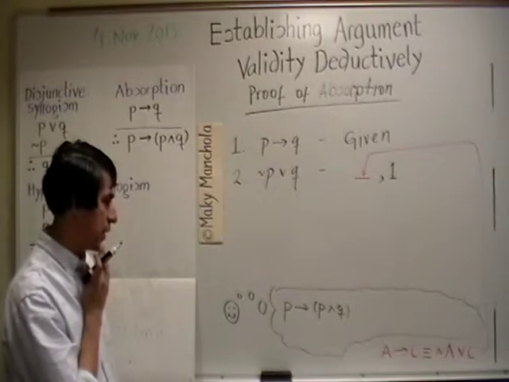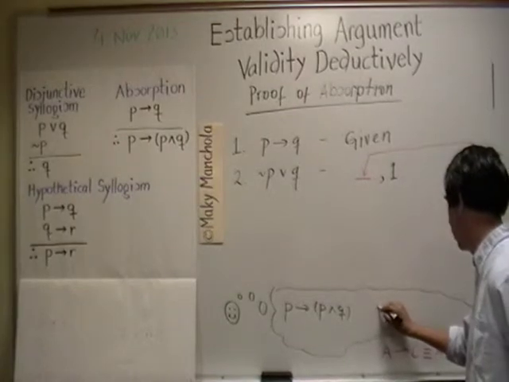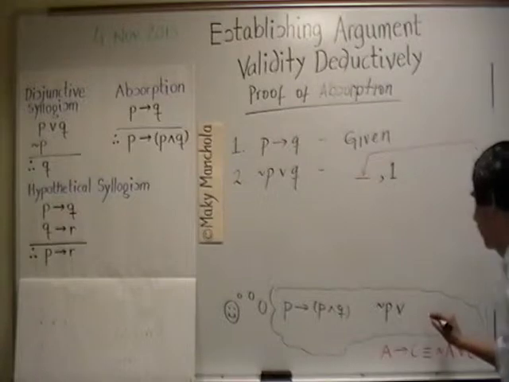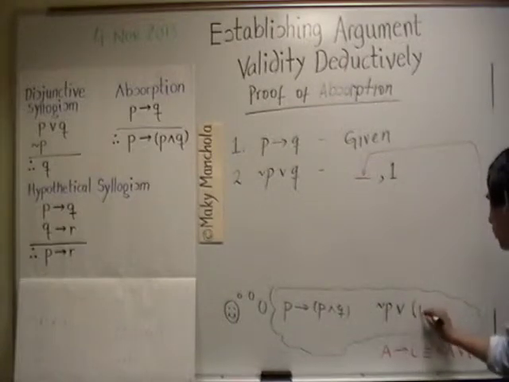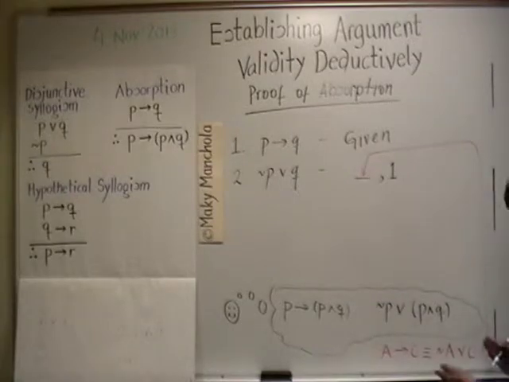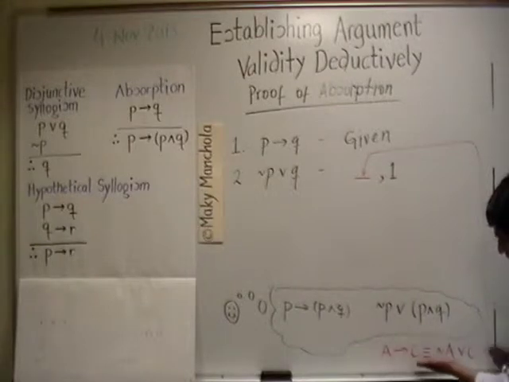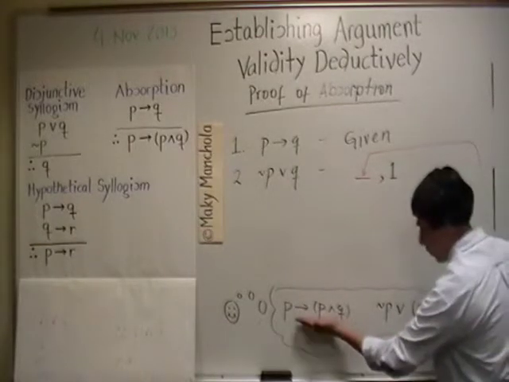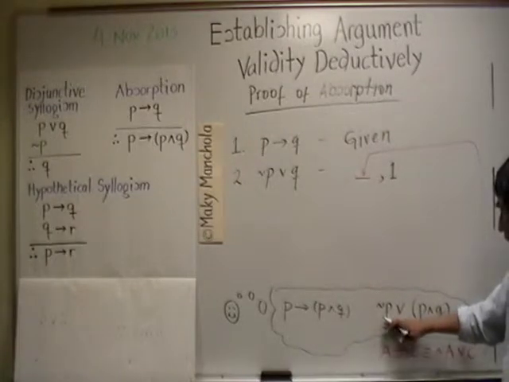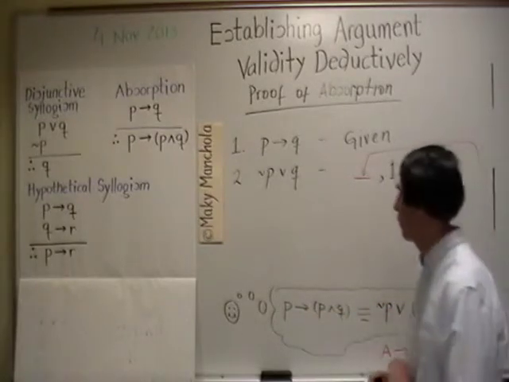Notice that it will suffice if we establish negation of P or P and Q. Why is that? Because of this identity that rewrites a conditional as a disjunction. This conditional is logically equivalent to that disjunction. So if we arrive at this conclusion, we have basically arrived at the one we want.